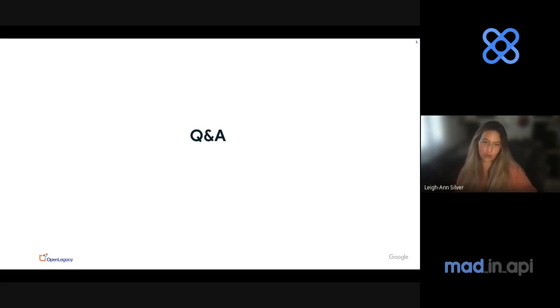I maybe would like to comment just one thing about how Apigee application integration and OpenLegacy is positioning as opposed to the old way of doing integration, such as the ESB.